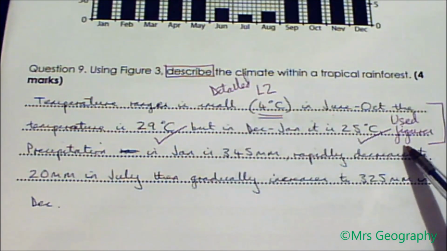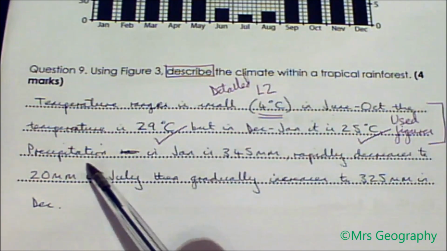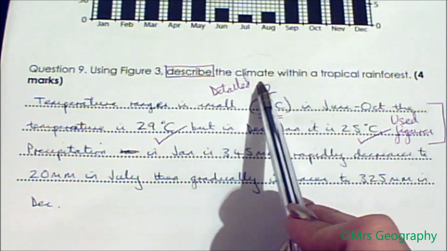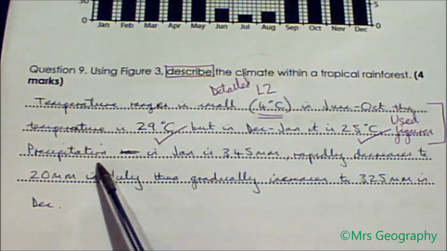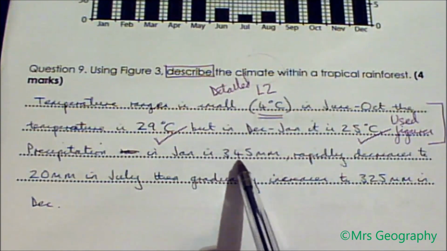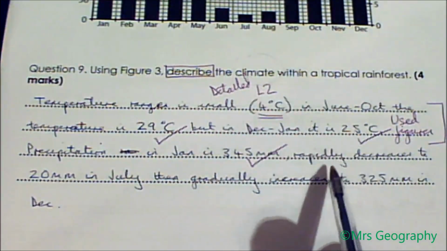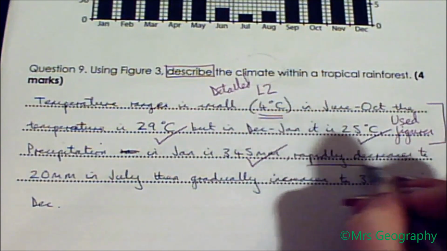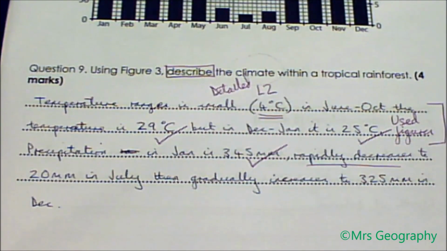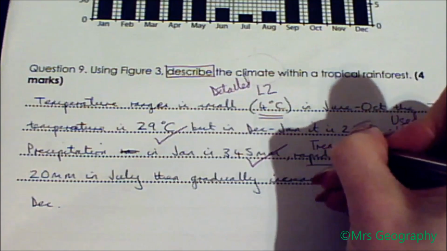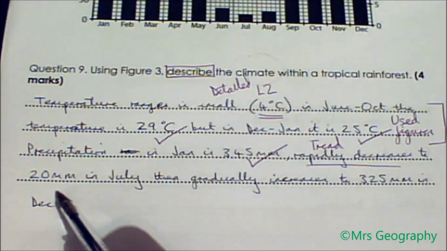Just to convince the examiner to make sure they get 4 marks, they've then gone on to mention precipitation, because climate is temperature and precipitation. So they've put here precipitation in January is 345 millimetres. Again, that is correct. Rapidly decreases. That shows they've looked at the graph and looked at a trend. To 20 millimetres. So again, correct measurement.